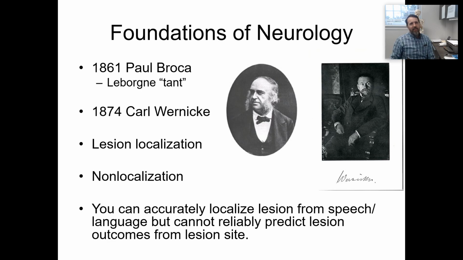So basically, the study of neurology really took off in 1861 when the doctor, Paul Broca, identified that it is this inferior posterior section of the left frontal lobe where a person's expressive language is primarily housed.